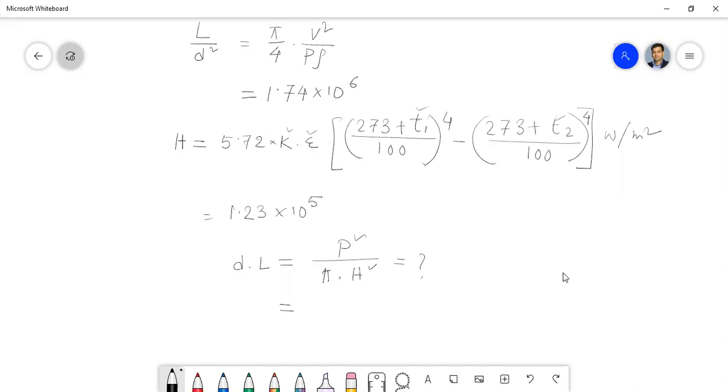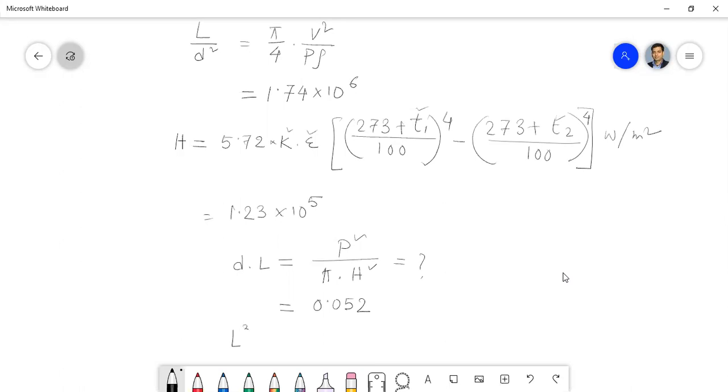What is the value you are getting? Quick. 0.052. Okay. Then you make it square and multiply with the L by D square.